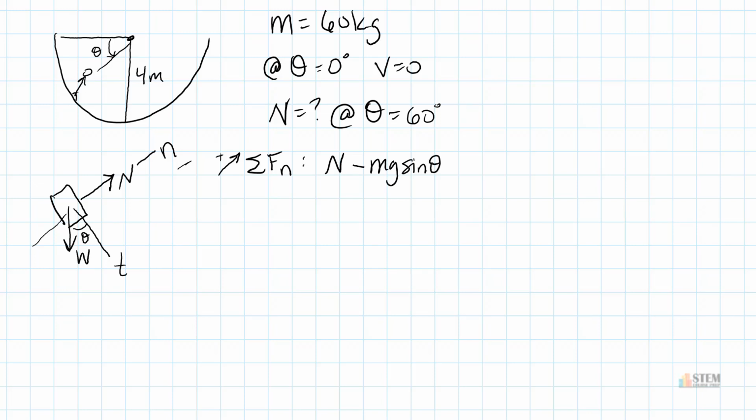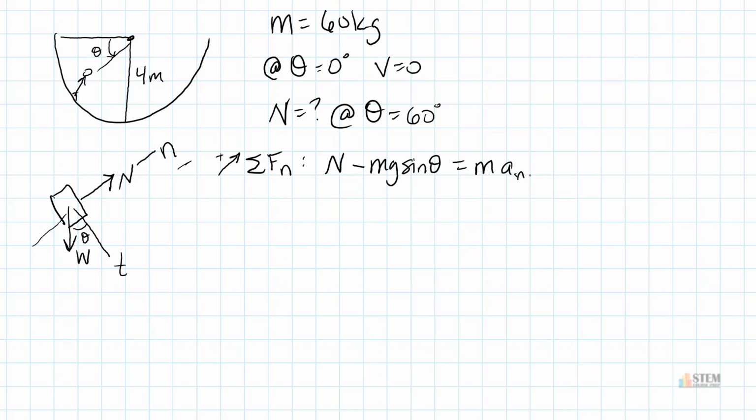I'll plug in the mass and gravity in just a minute. Let's set it equal to the mass times the acceleration, but this is in the n direction, so we have the normal acceleration, m times a_n.